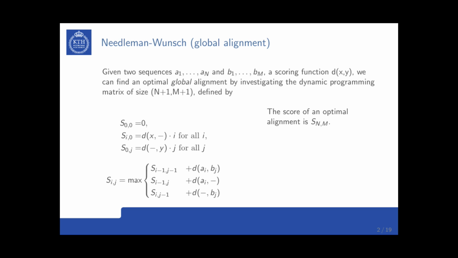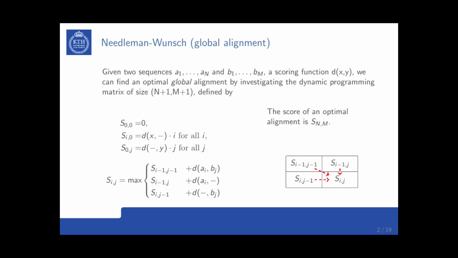In position 0, 0, you fill it with 0, and then you add one gap penalty per row or column you progress to the sides. This is rather straightforward. I will show you an example later on.